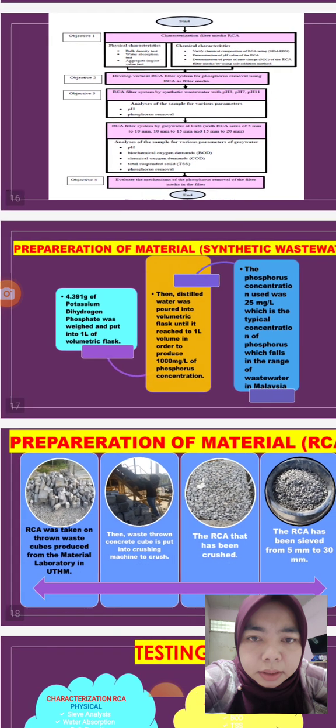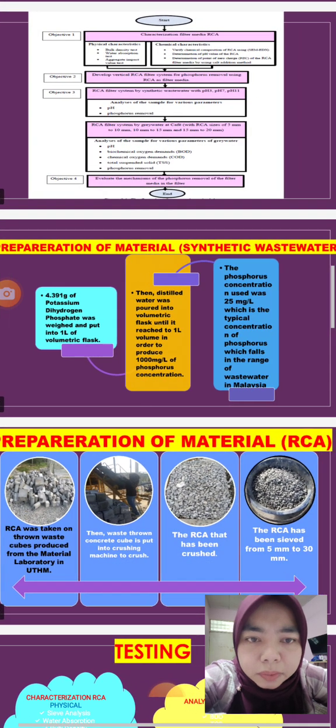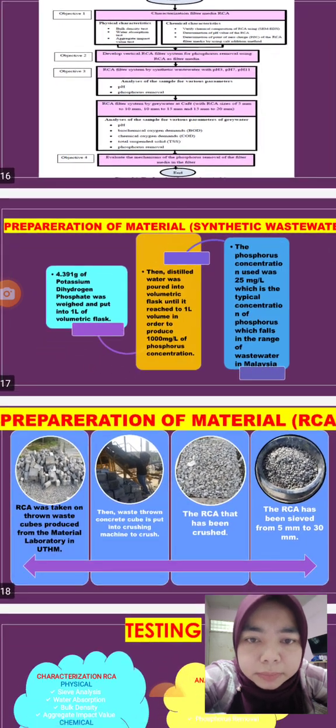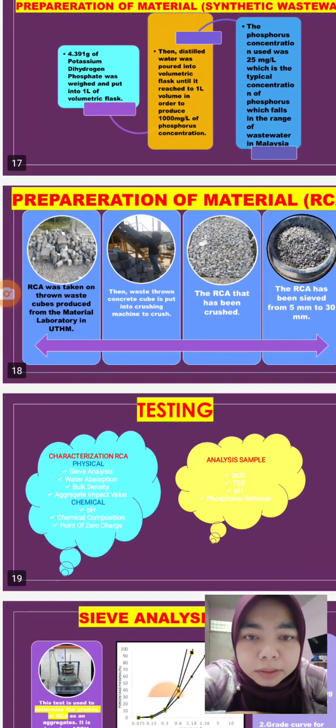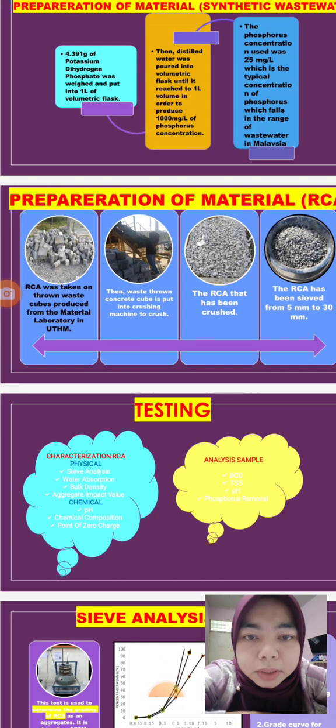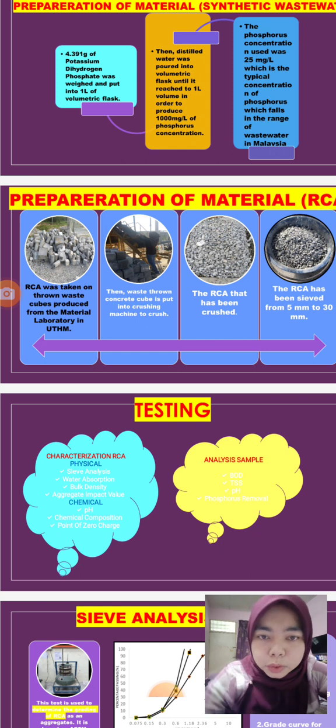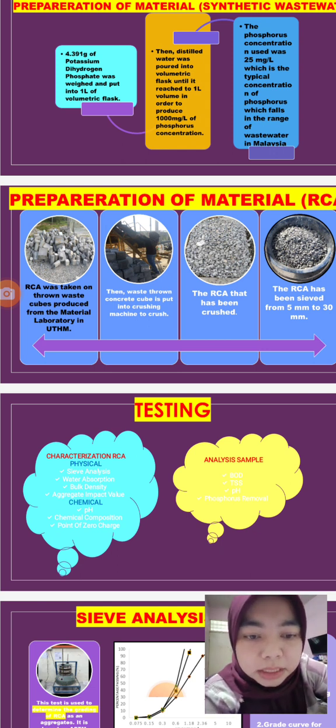Next, preparation of material synthetic wastewater, which is by using potassium dihydrogen phosphate, and then preparation of material RCA. First, RCA was taken as cube, then the RCA was crushed into different sizes.